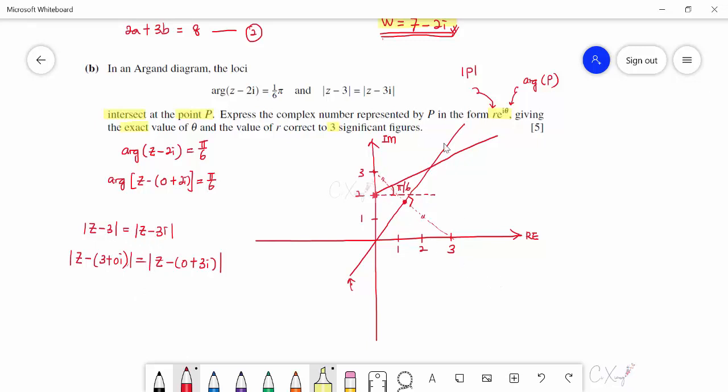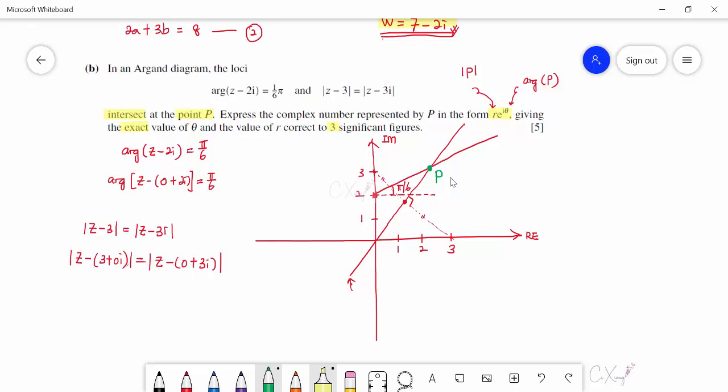All right, once we're done sketching this part, now let's have a look. Where is the P? P is the intersection between these two loci. Okay, so that means this is actually the P. To find out the modulus of P and also the argument of P, you need to try to link the Argand diagram with some geometrical shapes, or polygon.